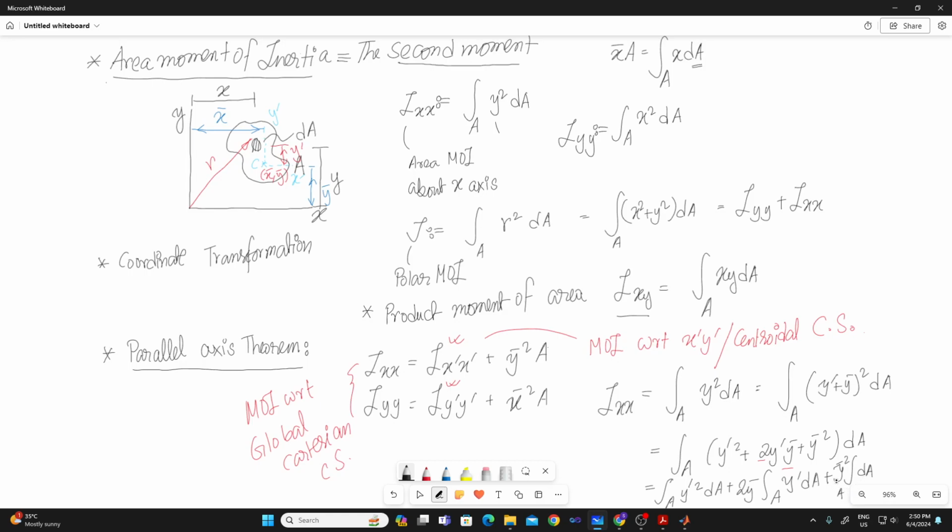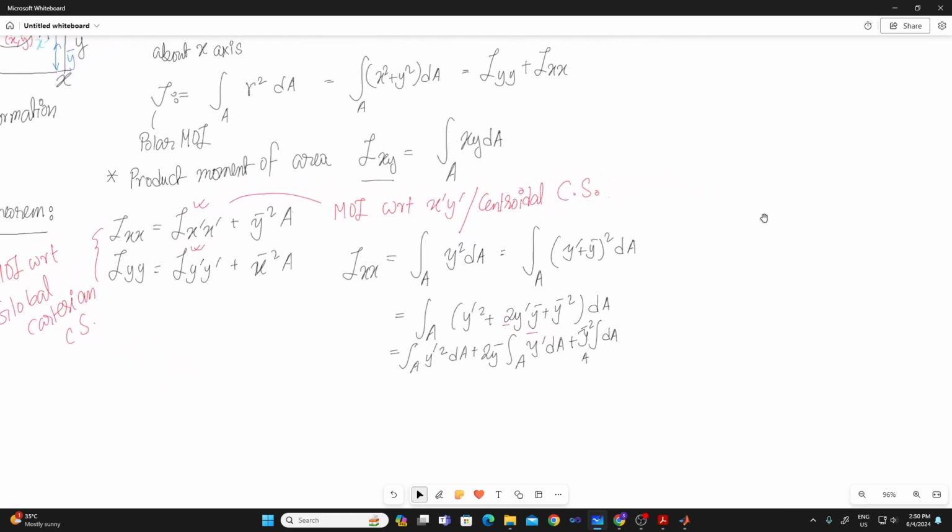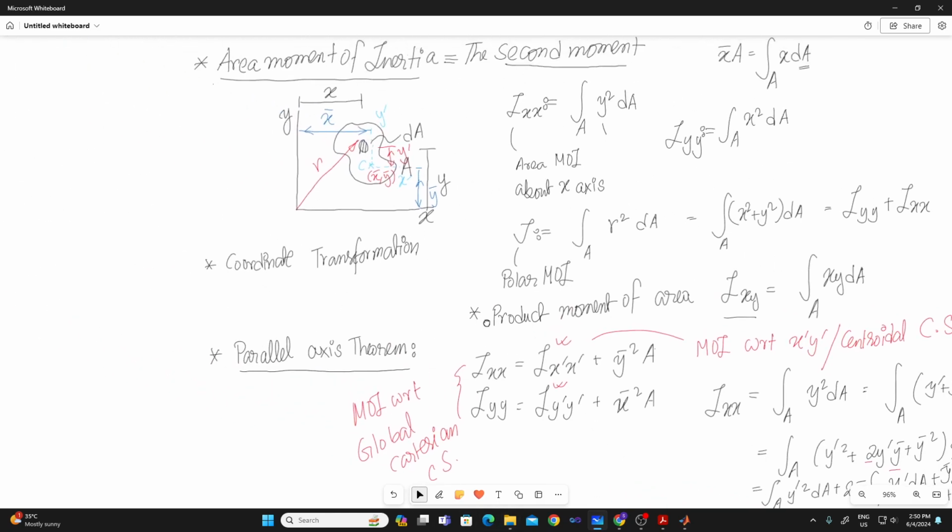Okay, now if you do all the three terms, then we can have things to say about each of these terms. The first term is actually I x prime x prime. As you can see, that is the area moment of inertia about the x prime axis, because the distance is this y prime coordinate.